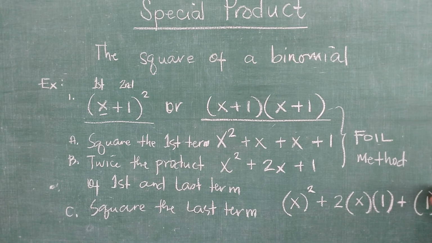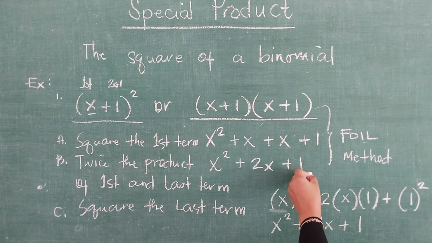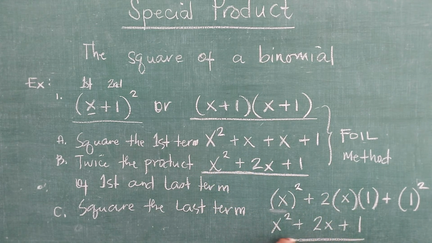So x, square the first term, x times x, x squared, plus 2 times x times 1, 2x, plus 1 times 1, 1. The answer is x squared plus 2x plus 1. Kapareho na ginamitan natin ng FOIL method. So, pareho lang sila ng answer.